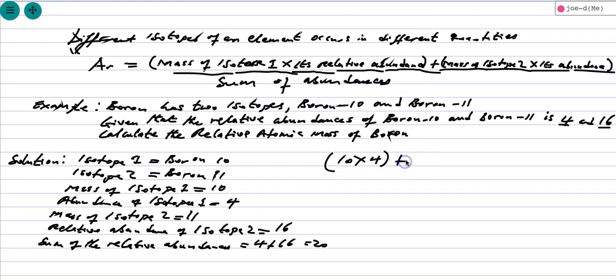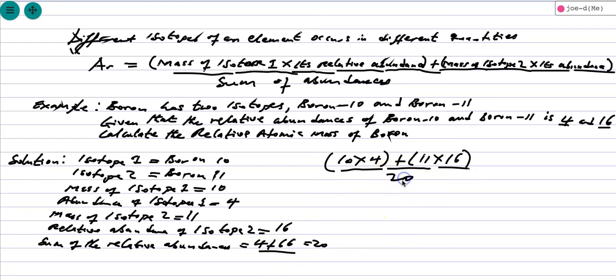That is added to the mass of isotope 2, which we said is 11, so that's 11 times its relative abundance, which we said is 16. Then let's divide this by the sum of the relative abundances, which we have already worked out to be 20.